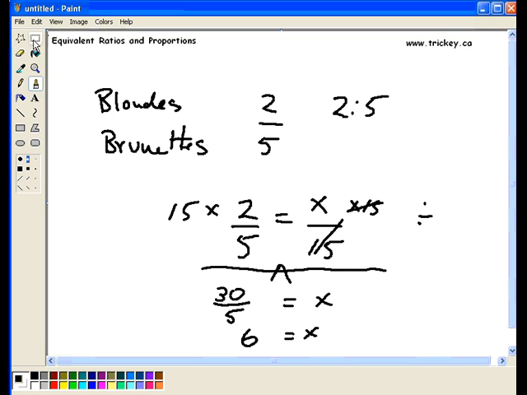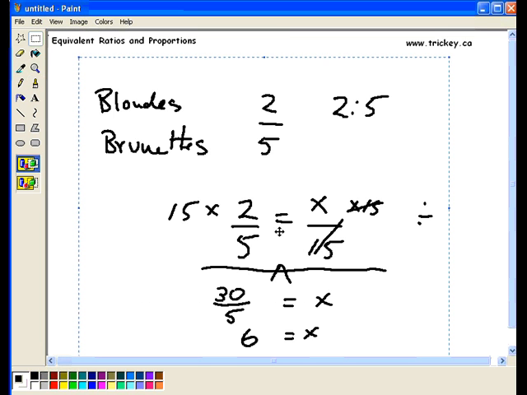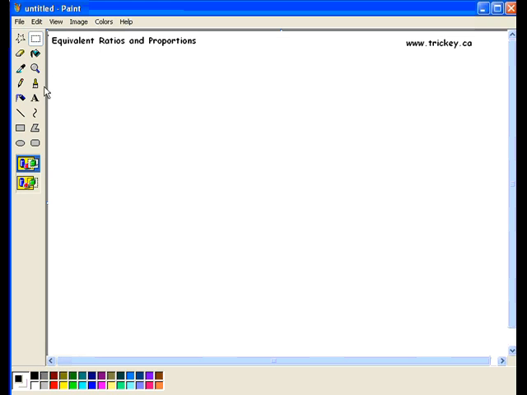Let's do another example. What if I had x over 5 equals 4 over 20? My ratio is 4 to 20, and I want to extrapolate down to figure out what my ratio would be out of 5.